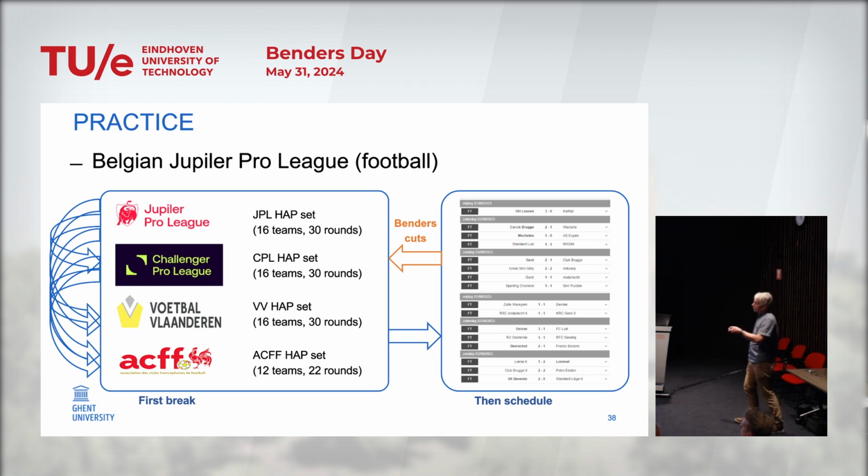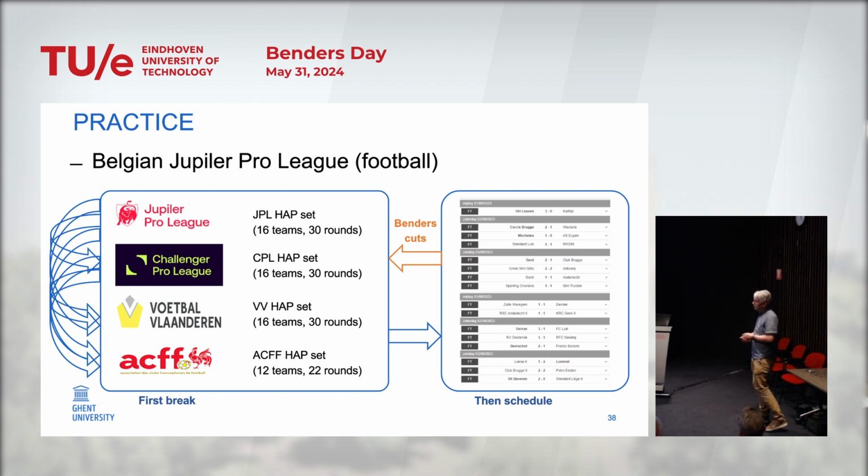So almost every team in the top league has an under 23 variant in one of the lower competitions. And again, they should alternate, right? If one team plays at home, the other one cannot play at home. So there are many links between all these competitions that prevent a hierarchical approach in this problem. You have to solve them all together, right?